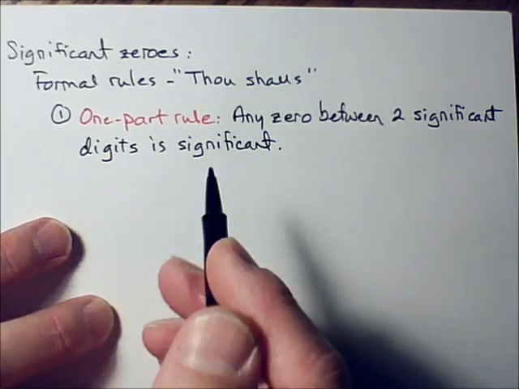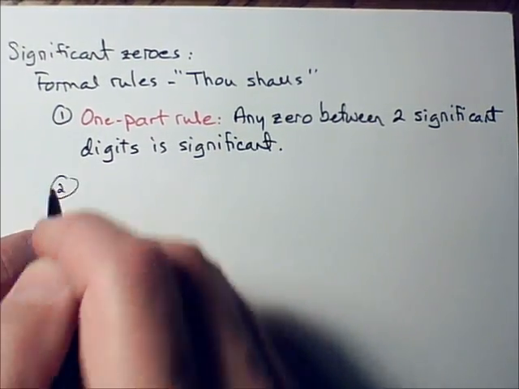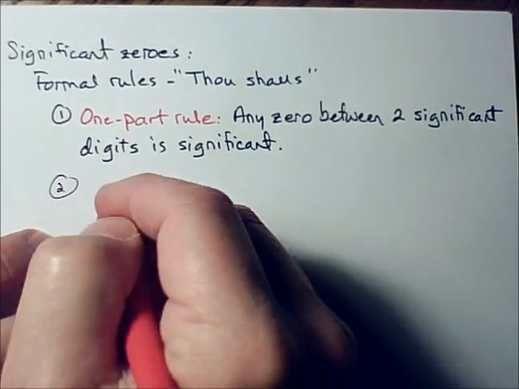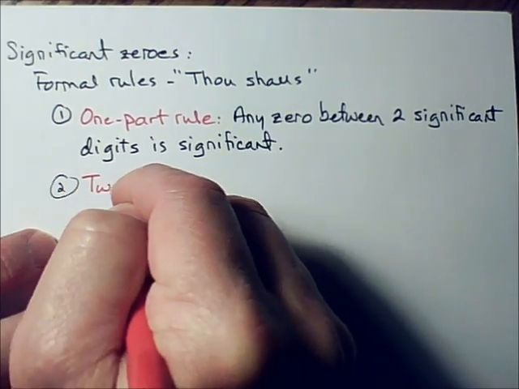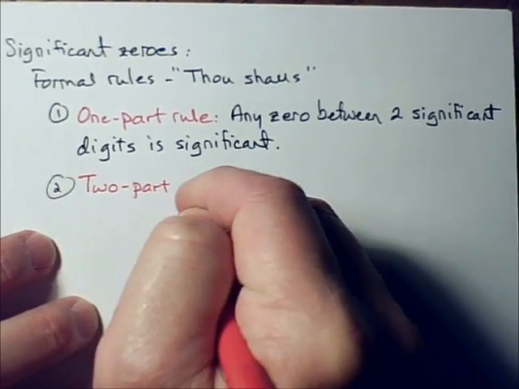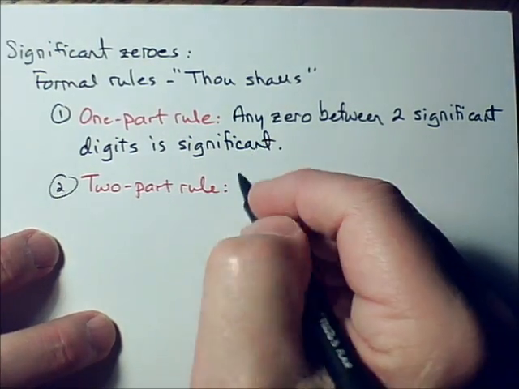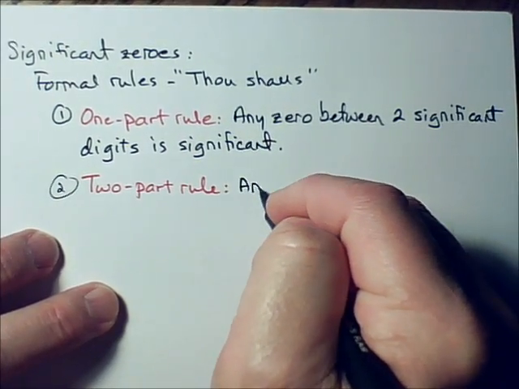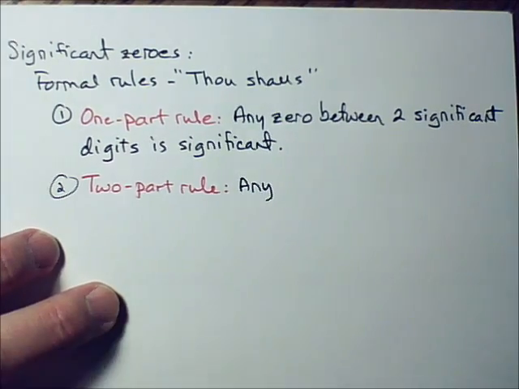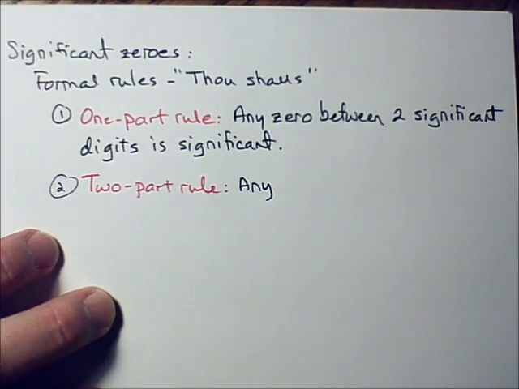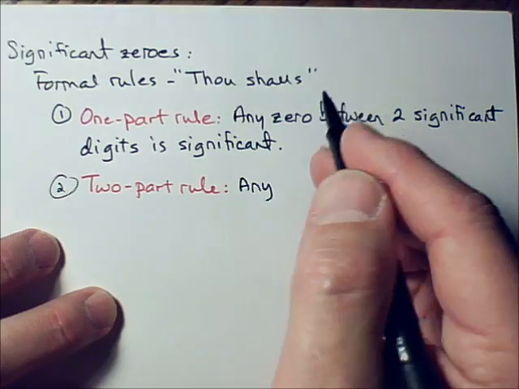All right. And then we've got that two-part rule. So the second rule I call the two-part rule. In the two-part rule, you have to meet both conditions for it to be significant. A zero has to meet both conditions to be significant.